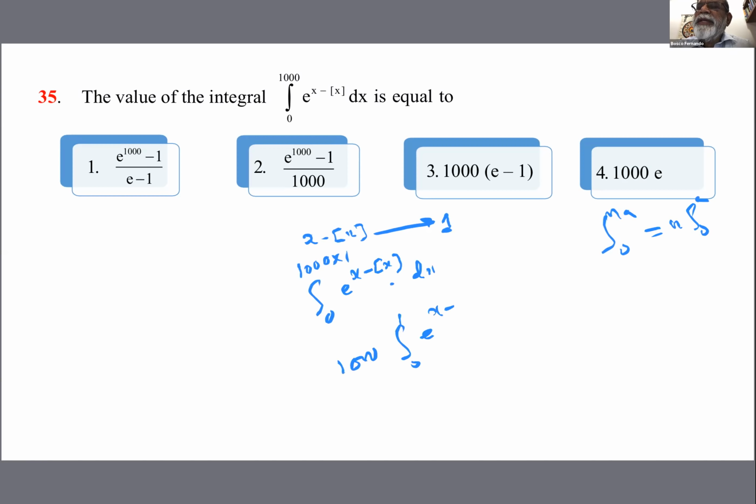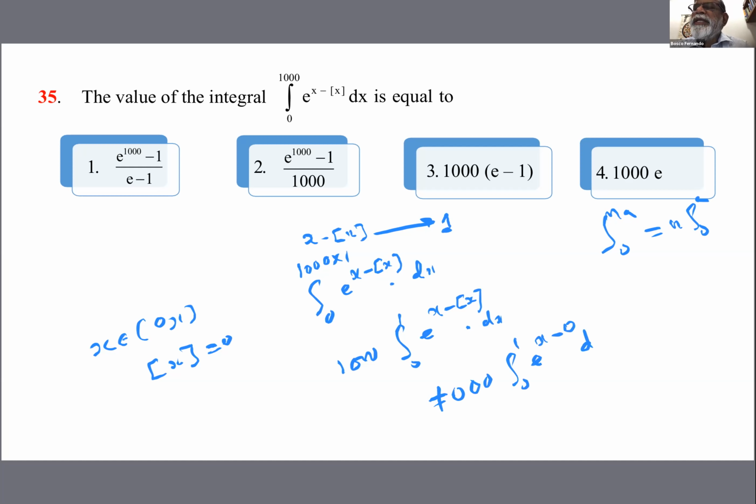So e to the power x minus greatest integer containing x. When x is varying from 0 to 1, greatest integer containing x is equal to 0. So this will become 1000 into integral 0 to 1 e power x minus 0 dx.